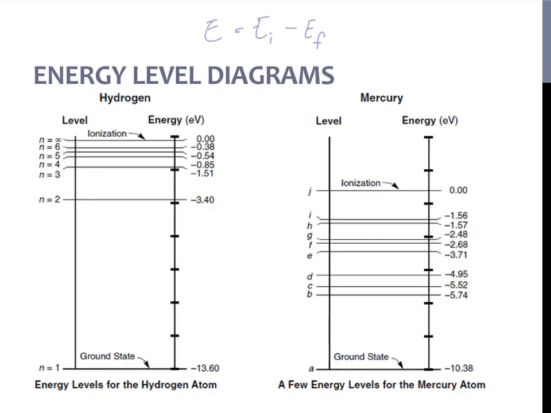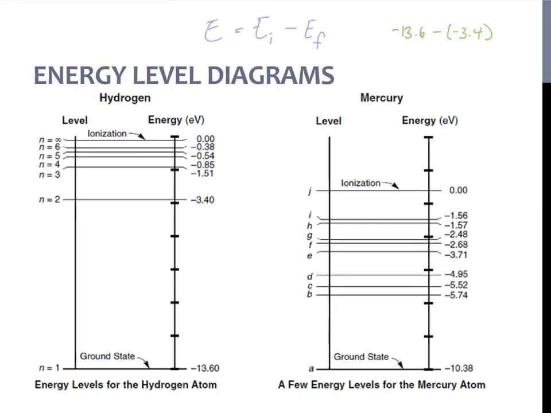The energy of the initial level you're going from minus the final energy level you're going to. Okay. As an example, if you want to go from the first ground state to the second energy level, then you need to take the difference. You're starting from the first energy level, so you're doing negative 13.6 minus a negative 3.4. You have to keep the negatives.